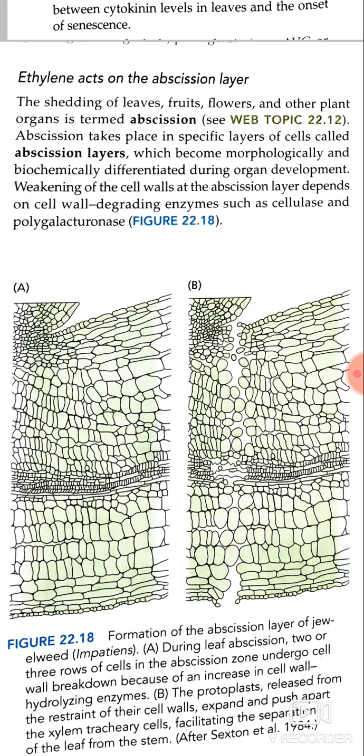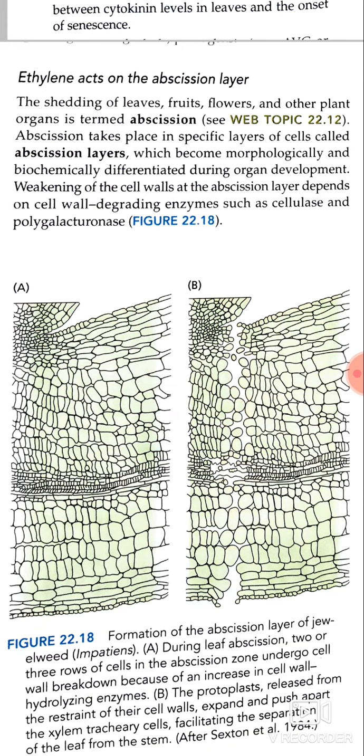Weakening of the cell walls at the abscission layer depends on cell wall degrading enzymes such as cellulase and polygalacturonase.